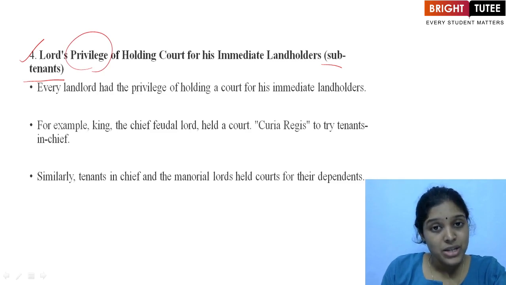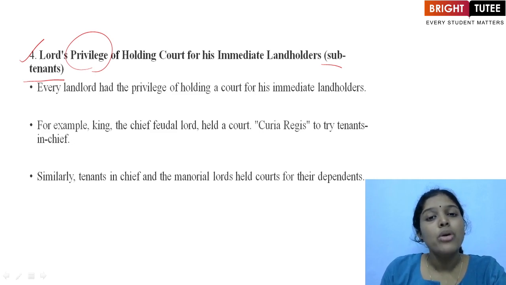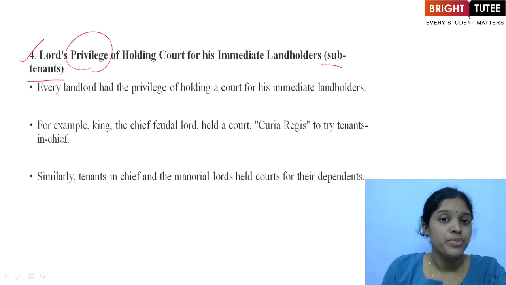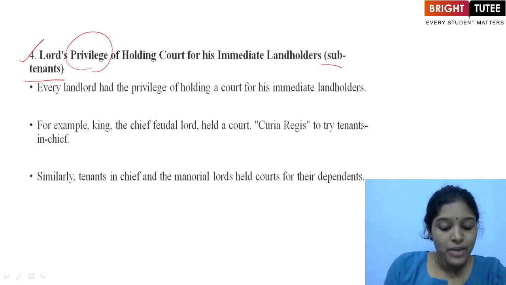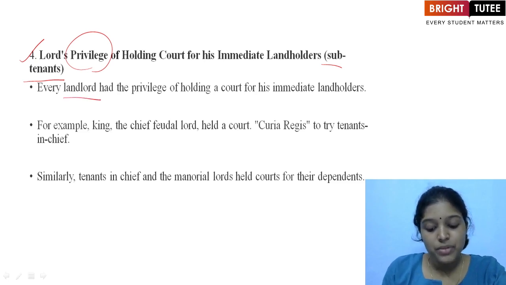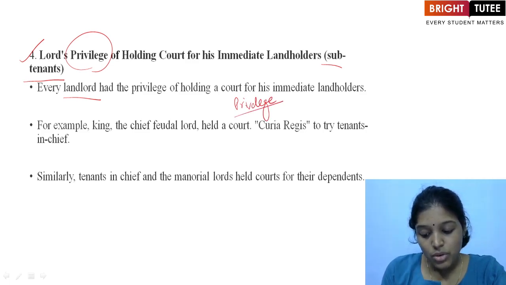The lord had a special right to decide whom his immediate landholders will be, or whom to give his land to. So every landlord had the privilege of holding a court for his immediate landholders. That's how this privilege of deciding whom he should give the land to.